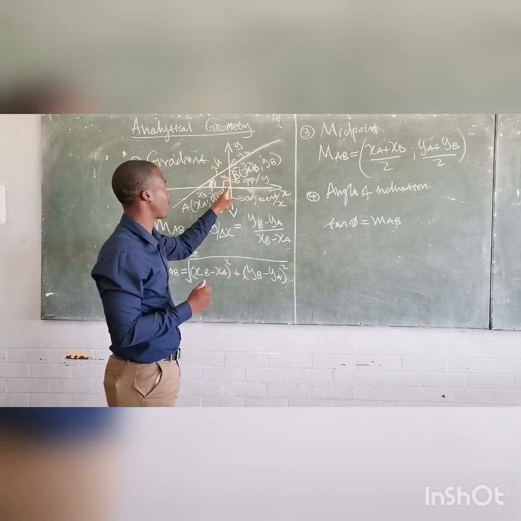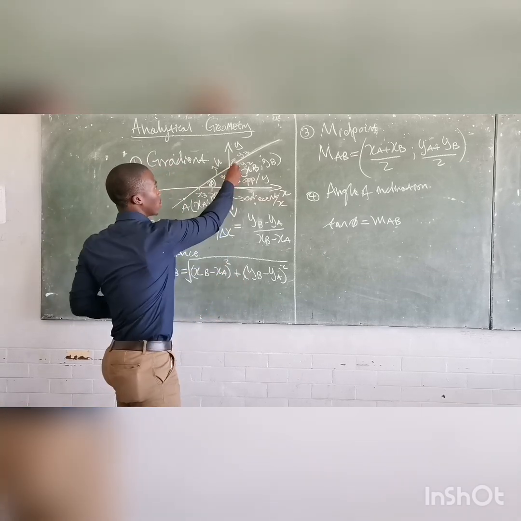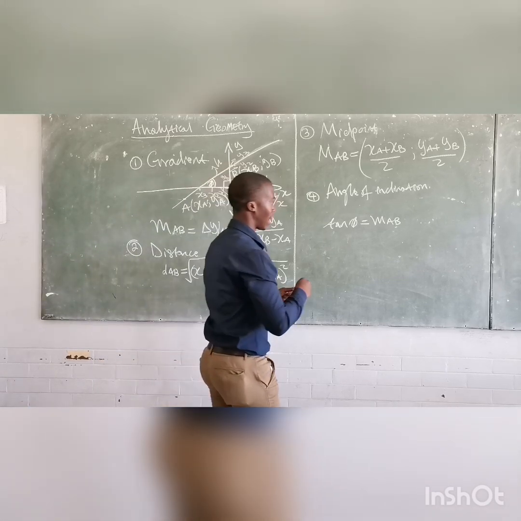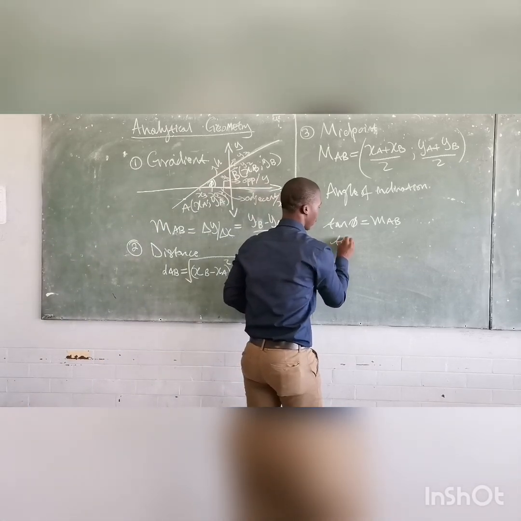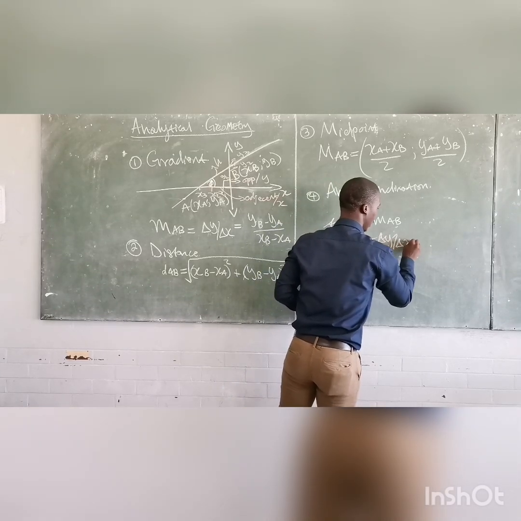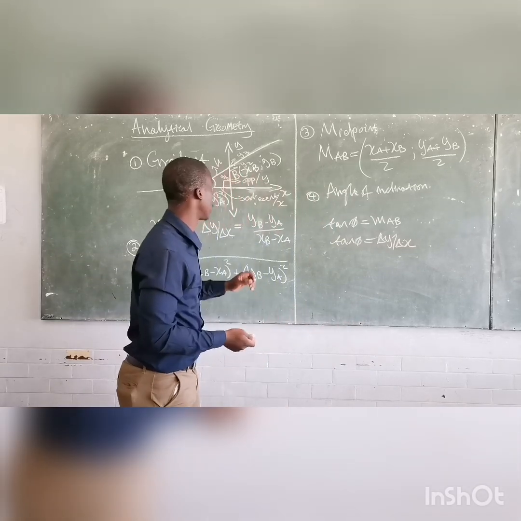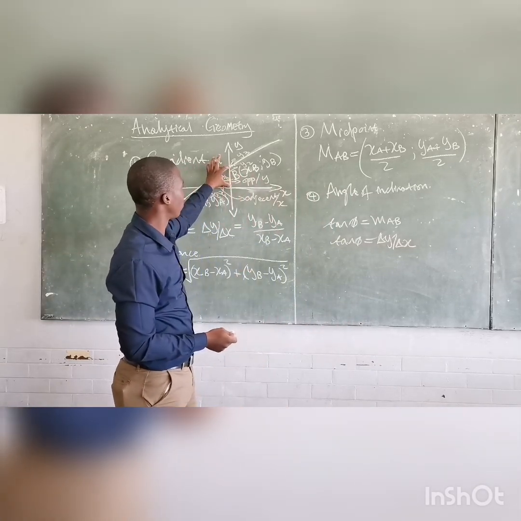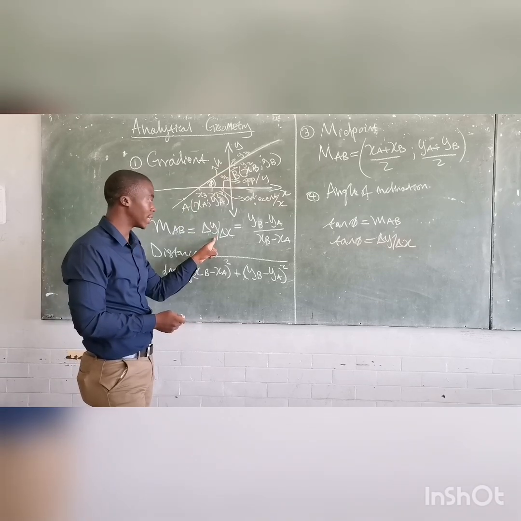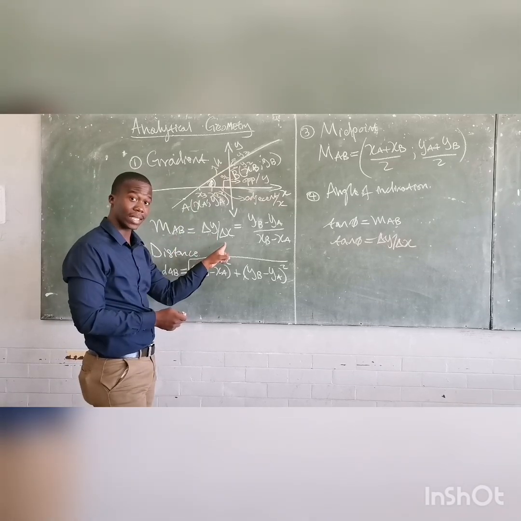You take that from your Cartesian plane and construct a right-angle triangle, right? So tan theta is equal to change in y over change in x, right? Change in y over change in x gives you the gradient.